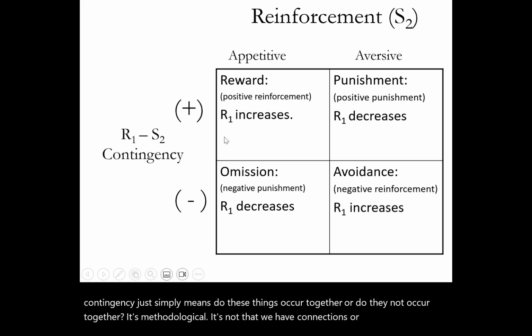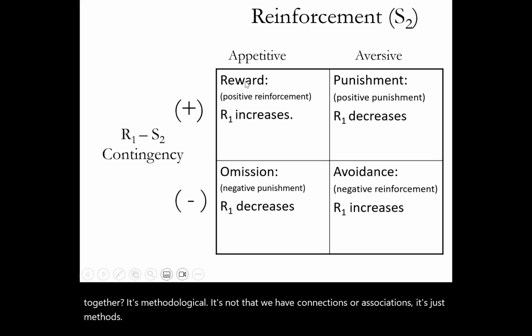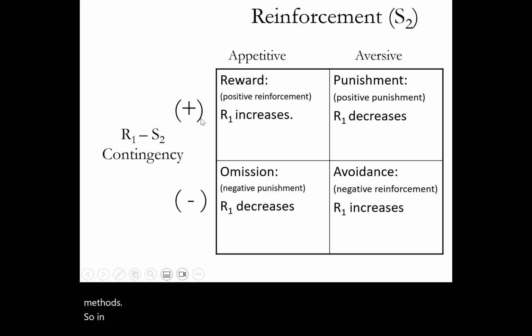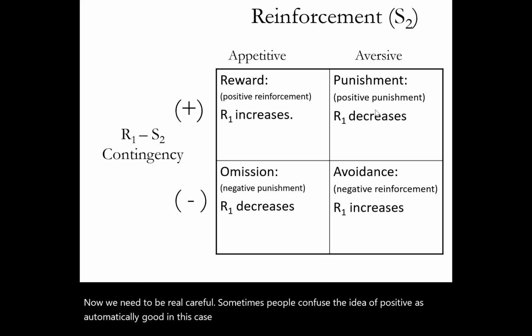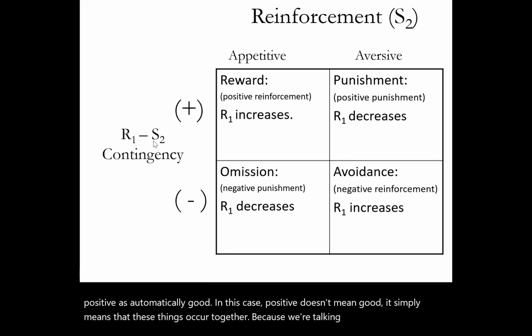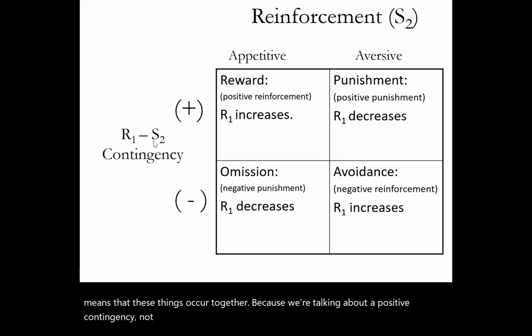It's just methods. So in reward, there is a positive contingency between R1 and S2. Same with punishment. Now we need to be really careful. Sometimes people confuse the idea of positive as automatically good. In this case, positive doesn't mean good. It simply means that these things occur together, because we're talking about a positive contingency, not a positive outcome.